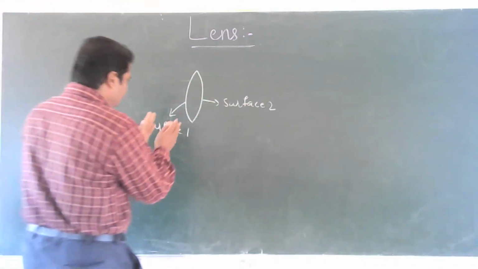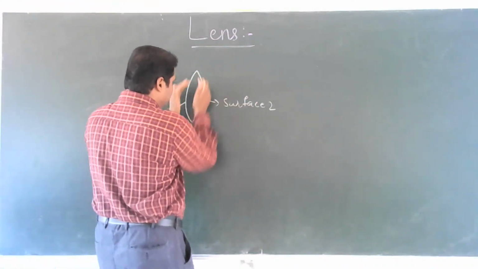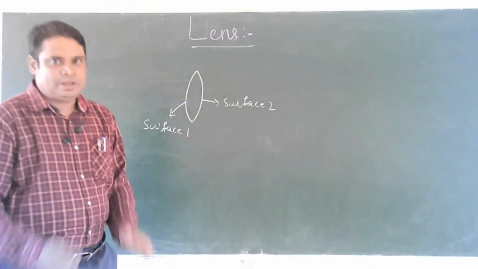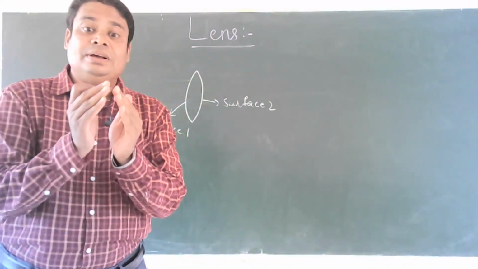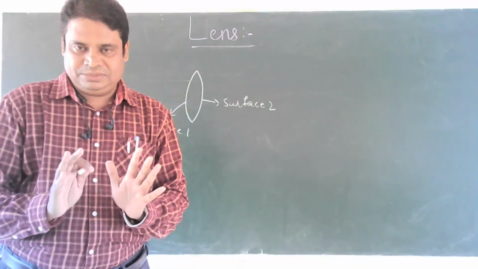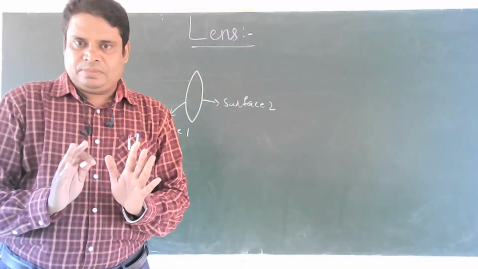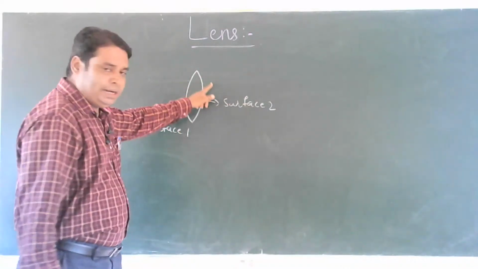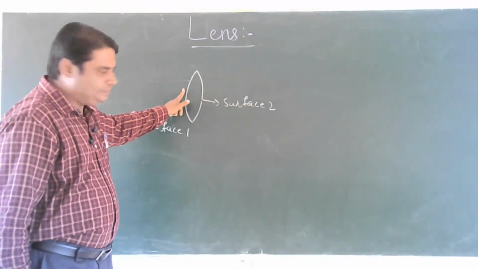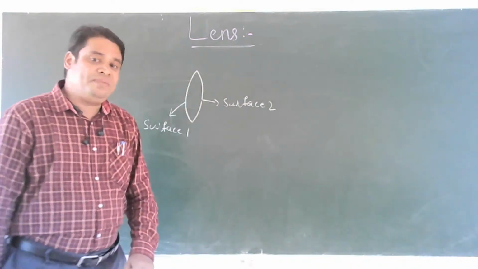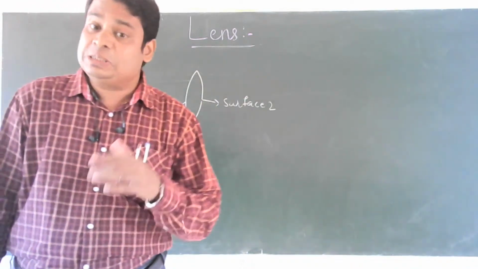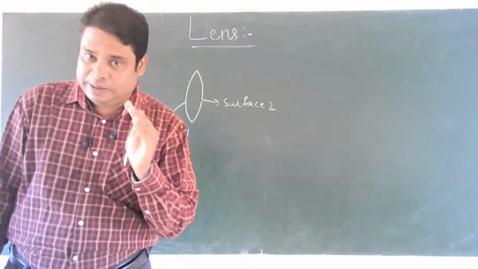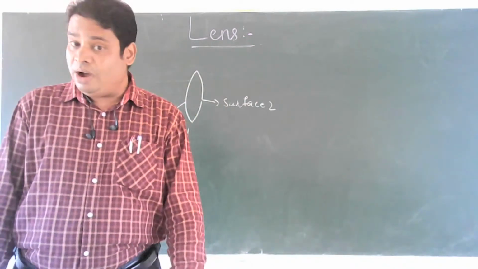There is no need that both the surfaces must be spherical. If one surface is spherical, then it is called a lens.